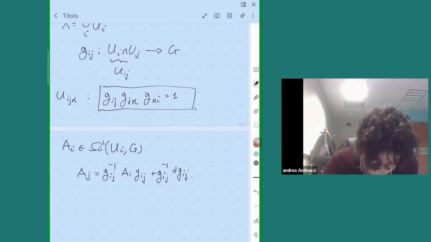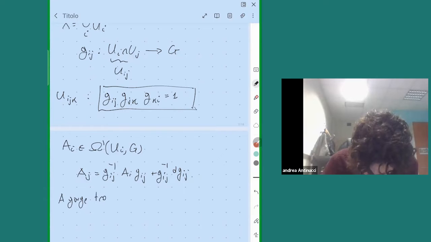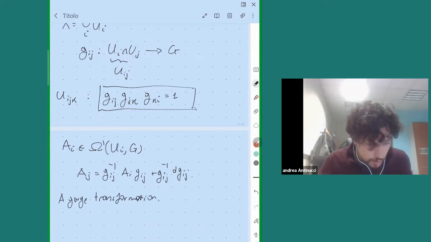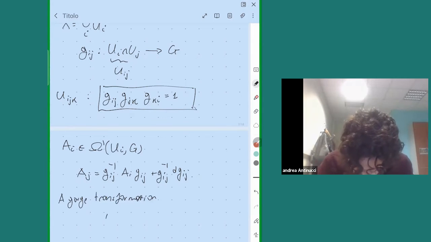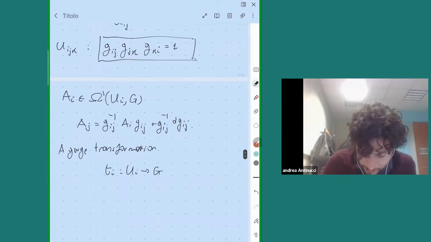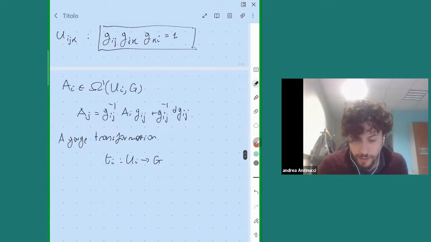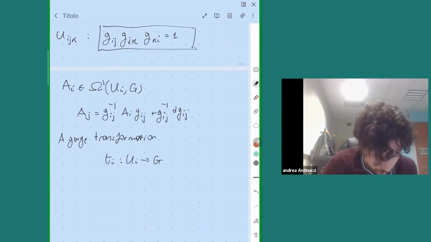A gauge transformation is, on the other hand, defined by a family of functions t_i from the open set to G, acting both on the connection and on the transition function in the following way.